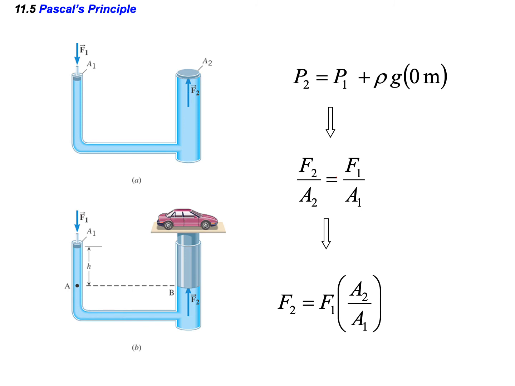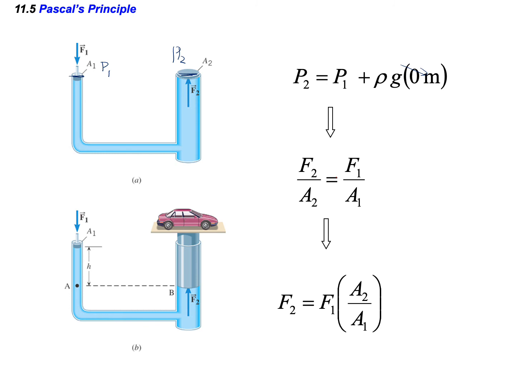So we start with the same equation, P2 is equal to P1 plus rho GH. If you consider the same level, we know there's no height difference, therefore H is 0, and therefore P2, the pressure on this side, is equal to the pressure on the left side. Pressure is force over area. Force on side 2 divided by area on side 2 is equal to force on side 1 divided by area on side 1.